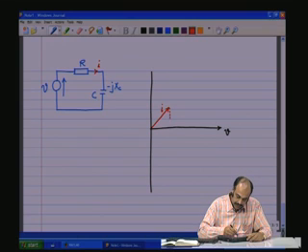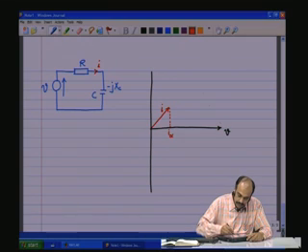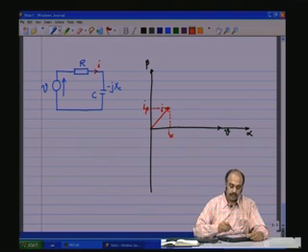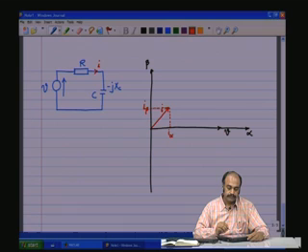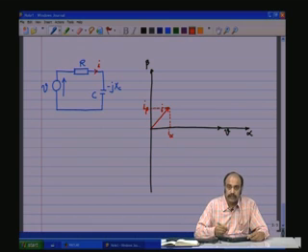The projection of I onto the V axis is called I alpha, because this V reference is called the alpha axis and this would be the beta axis, and the projection of this I onto the beta axis is called I beta. So, I alpha is in phase with V, I beta is orthogonal to V.